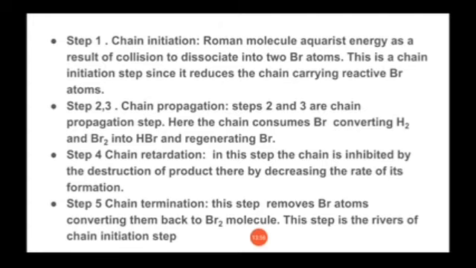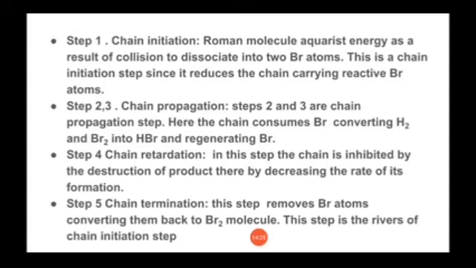Now here the rate law for the formation of HBr from H2 and Br2 in the temperature range of 500 to 1500 Kelvin is found to be given by R equals K2 prime into [Br2] raised to 1/2.